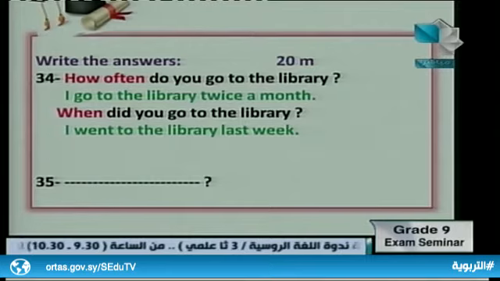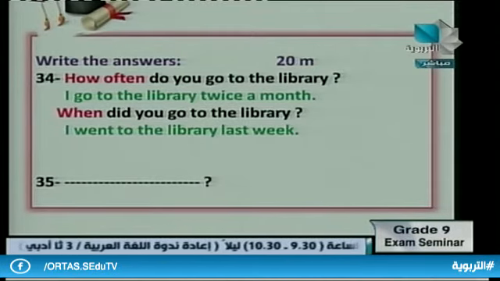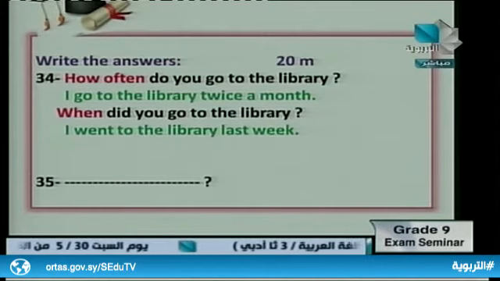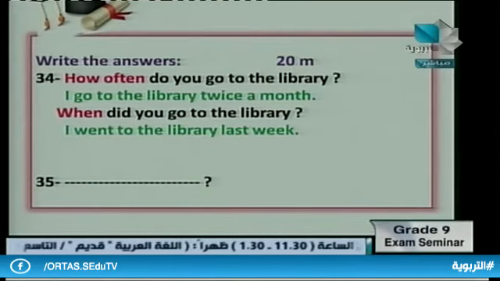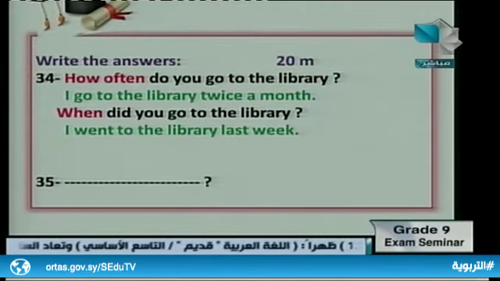How often do you go to the library? So I'm asking about a habit, and I'm asking in the present. So I say I go to the library twice a month, once a year, or never. Here I want the student to pay attention to the question word.